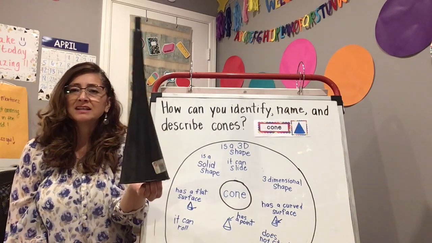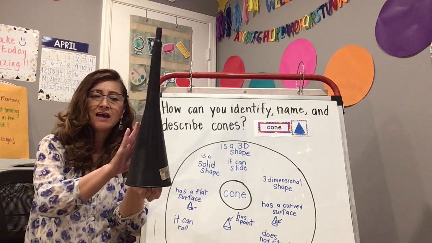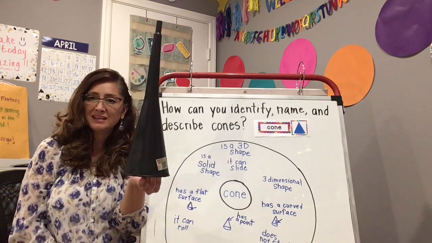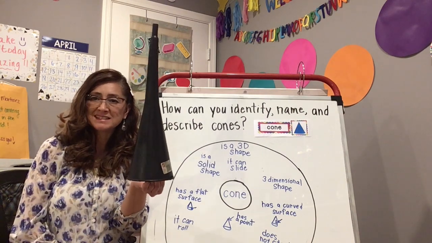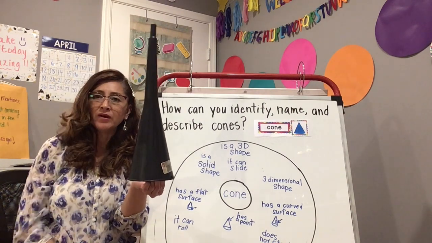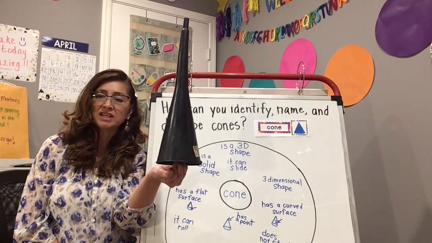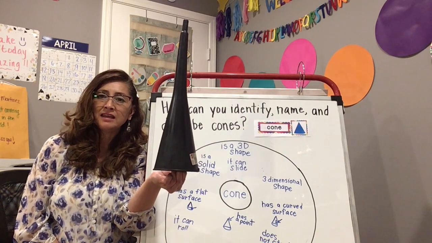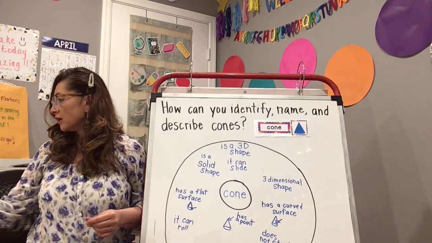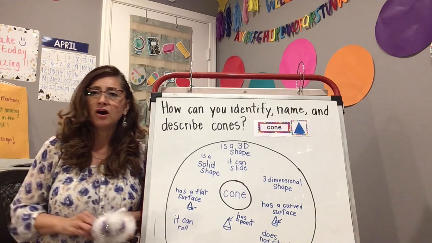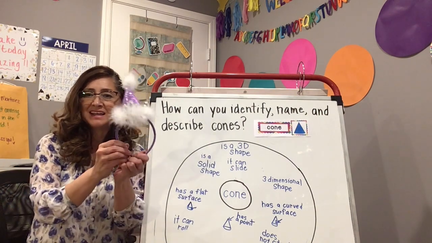So let's take a look and see if this is shaped like a cone. Does it have a curved surface? Yes, it does. Does it have a flat surface? Yes, it does. Does it have a point? Yes, it does. So this funnel is shaped like a cone. Now let me show you my other object. It was a little hard to find things that were shaped like a cone, but I did find this.